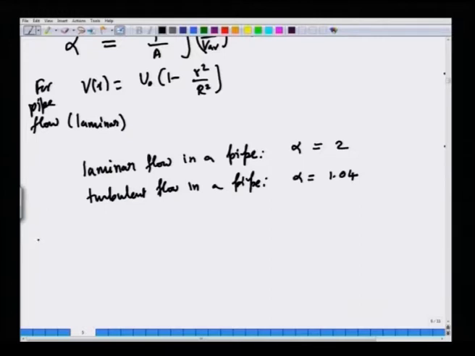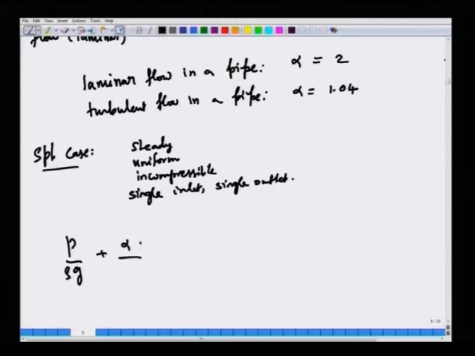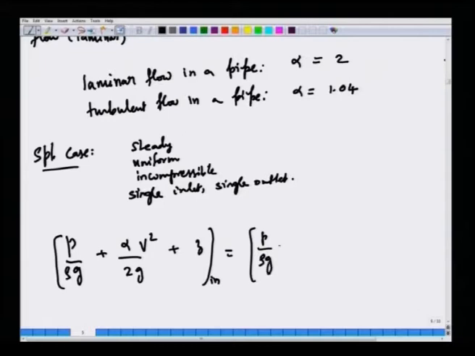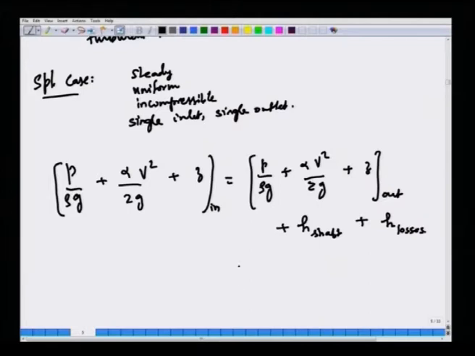For the special case of steady flow, incompressible fluid, and single inlet, single outlet, you get P by rho g plus alpha V squared by 2g plus Z at inlet is P by rho g plus alpha V squared by 2g plus Z at outlet plus the head due to shaft work plus the head due to losses, the viscous losses.